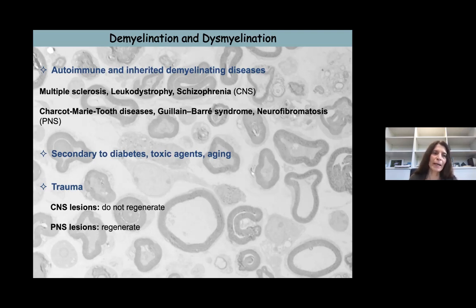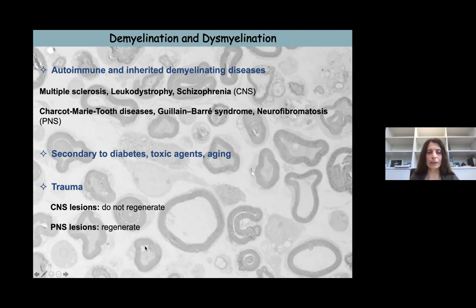So in my lab, we are very interested in traumatic lesions: how to modulate the system, understand how the PNS regenerates, and try to apply what we learn to the CNS to promote regeneration. We work also on multiple sclerosis and, a little bit more in collaboration, on Charcot-Marie-Tooth diseases. So I'm going to talk right now about the lesion.